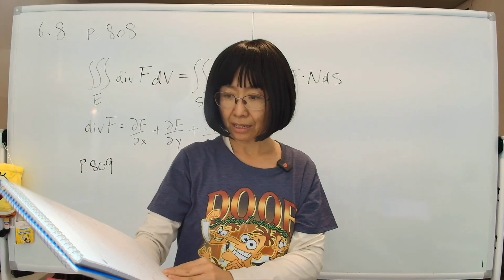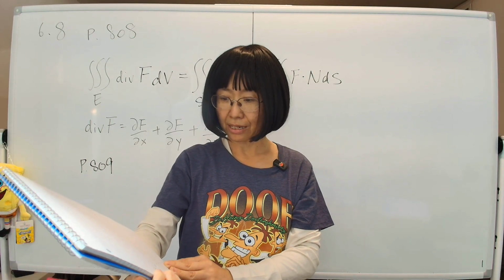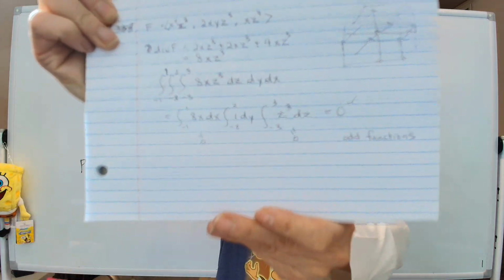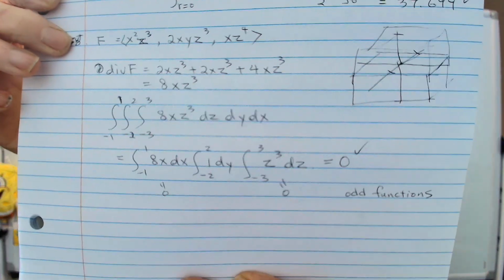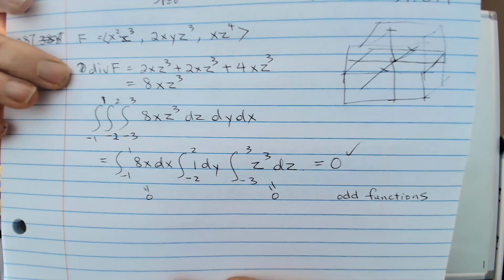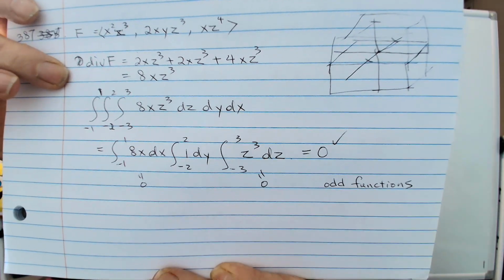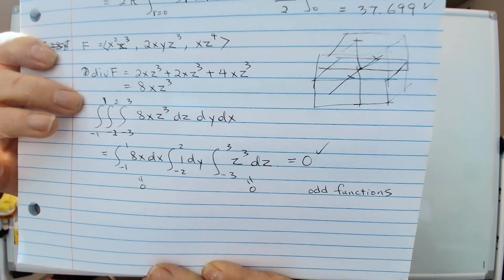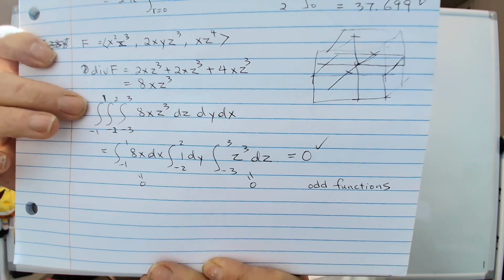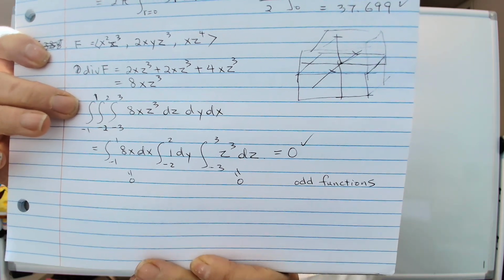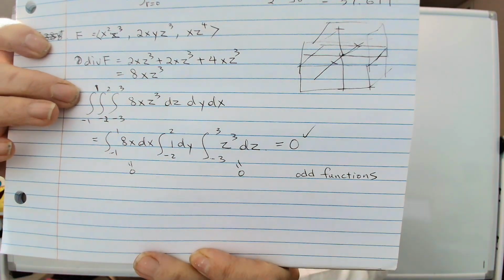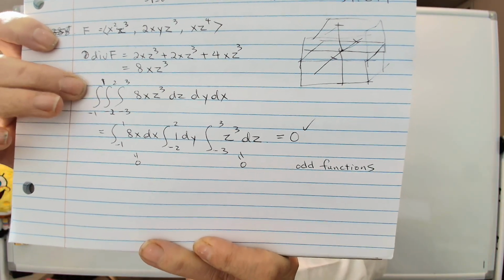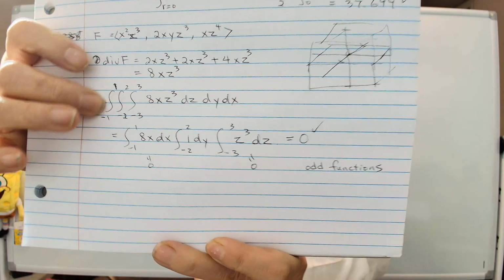Next, problem 387, the same thing I think. Here you have a function, and we take the divergence, which ends up being fairly simple, and then integrate it. This is supposed to go from -1 to 1, -2 to 2, and -3 to 3. Pay attention to the x, y, z: you're integrating z first, then y, then x, because these numbers are not the same, so you better match them up.